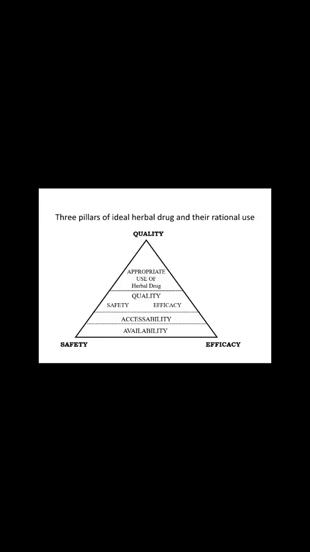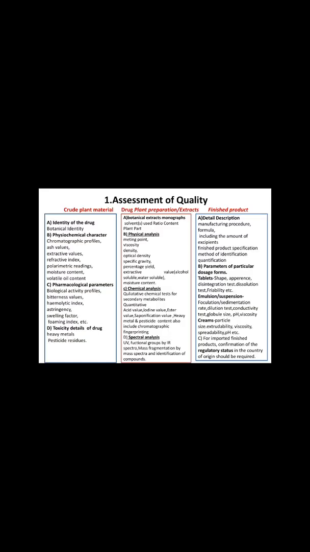There are three pillars for the herbal drug and their rational use, that is quality, safety and efficacy. Assessment of quality. Quality assessment is done for the crude drug plant material, that means only the crude drug part or part of the plant material which is in a dried form or in a processed form.